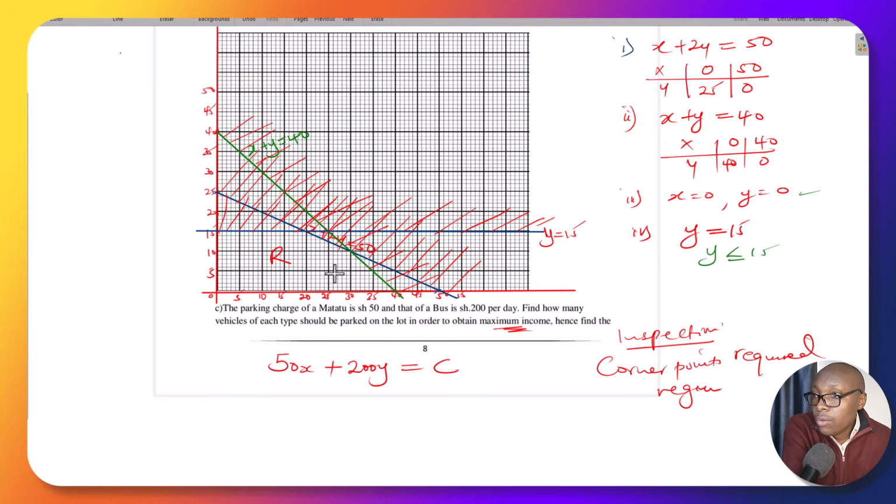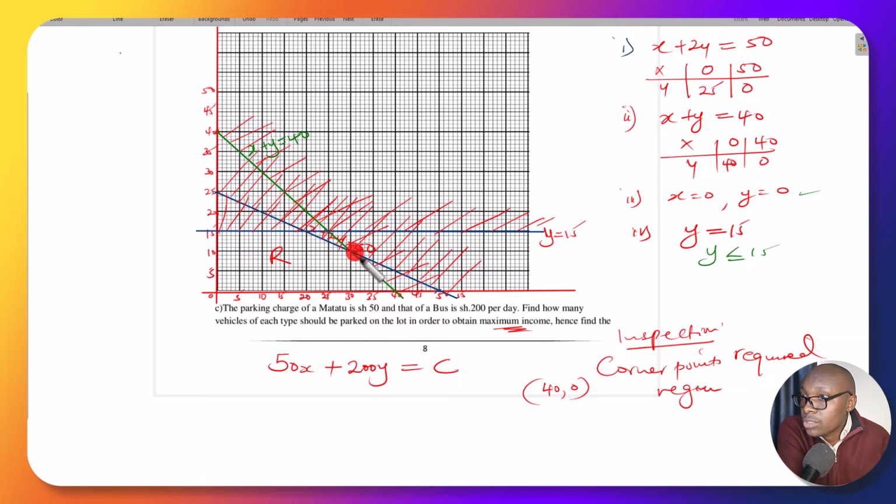So look at this, the corner points we have, you can just test several. We have 40, 0. We have another corner point here. So let me highlight the corner point. This one lies on the x-axis, so the x-axis is supposed to be broken. Then we have another corner point.